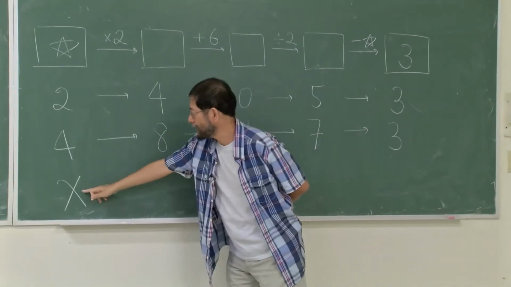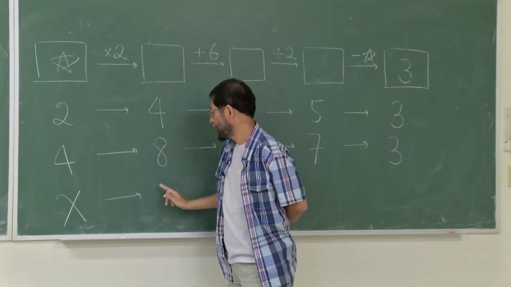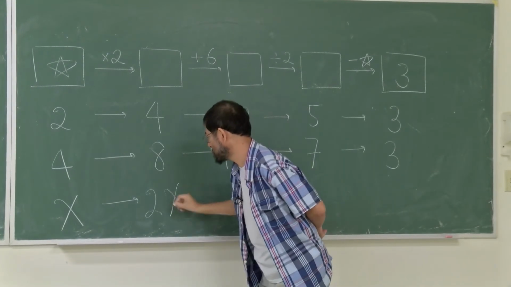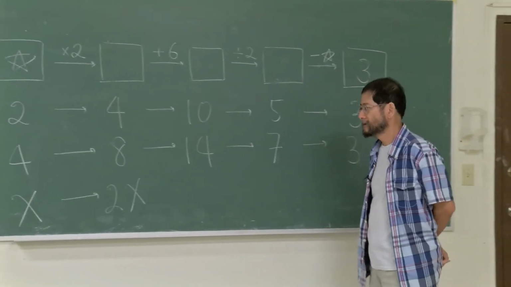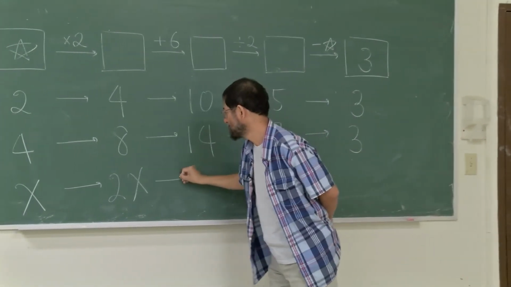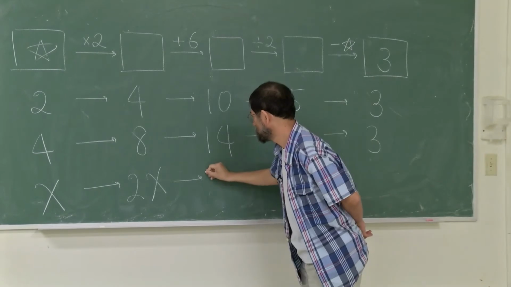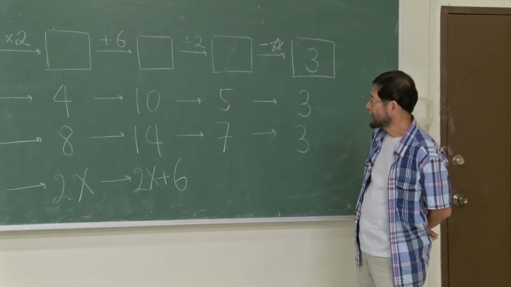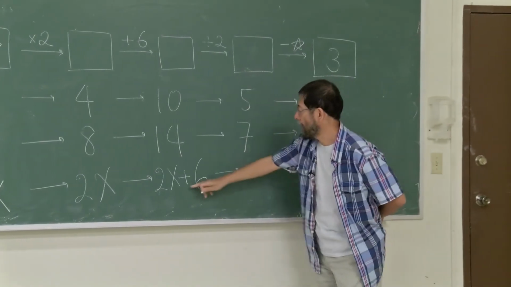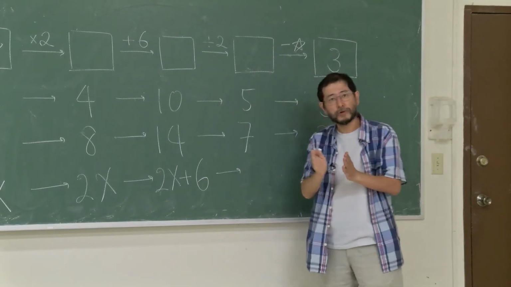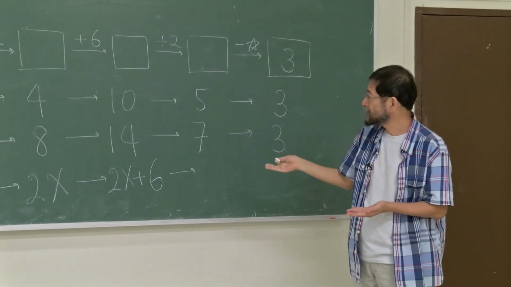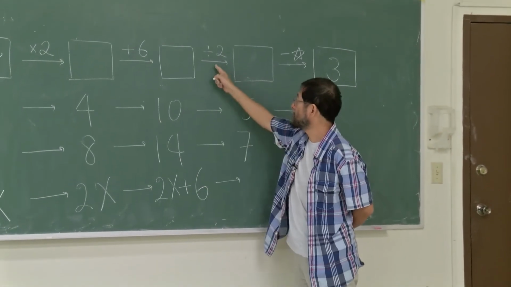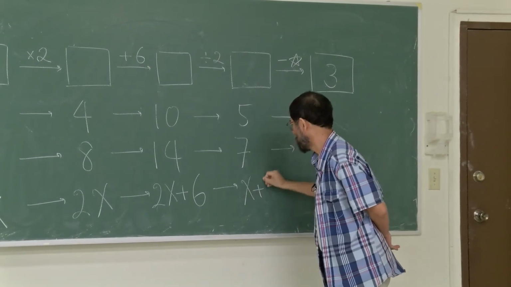So for example, x, then I multiply x by 2, and this is written as 2 times x, but usually it's written as just 2x. Then next, I add 6 to this, so I now have 2x plus 6. Later we will study more systematic rules for how to compute the expression. It turns out that 2x plus 6 divided by 2 is x plus 3.